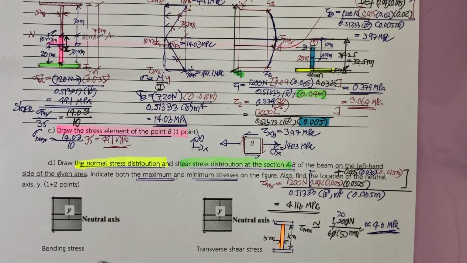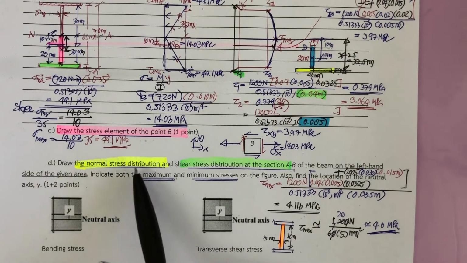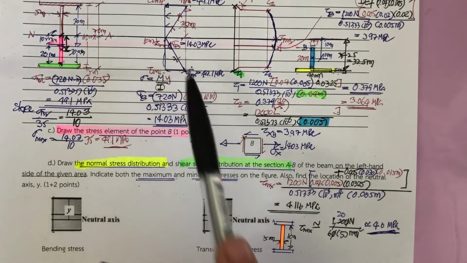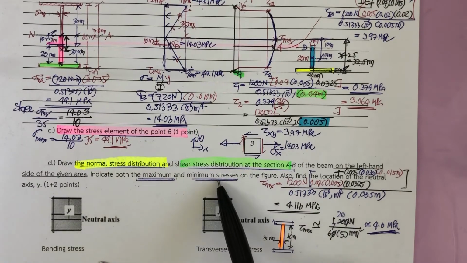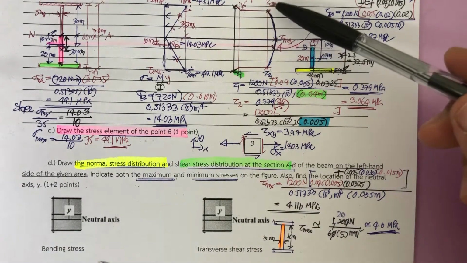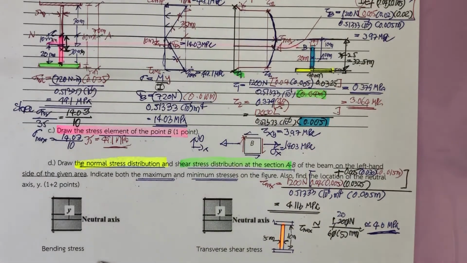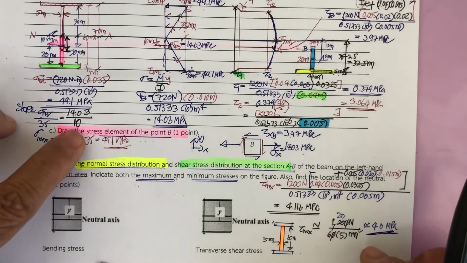Okay, that is everything that we would like to have: the normal stress distribution, the shear stress distribution, the maximum, the minimum, and some important stresses at the important points. Okay, and I also ask you again to draw the stress element.